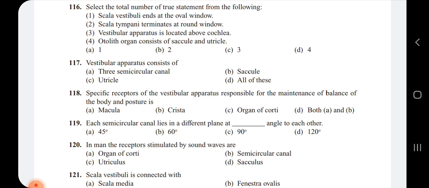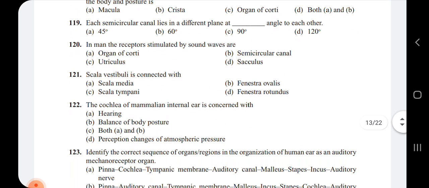Next question, each semicircular canal lies in a different plane at dash angle to each other. All the semicircular canals lie in different planes at right angles to each other. Right angle means 90 degrees. So option C is the correct answer. Next question, in man the receptors stimulated by sound waves are the organ of Corti.